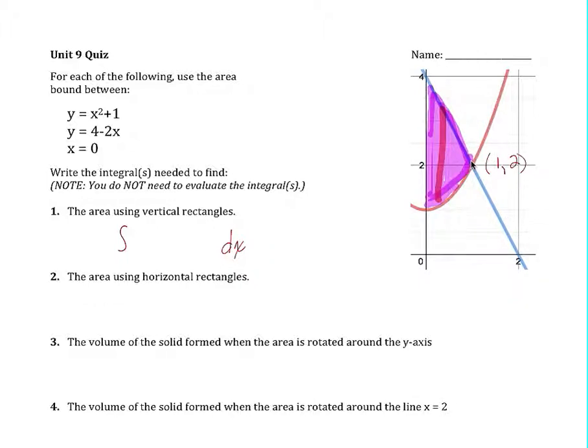So the integral we're looking for is going to go from 0 out to 1, and then the height of each one of these rectangles is defined as the distance from the top function minus the distance at the bottom function. So this should be 4 minus 2x minus the bottom function, which is x squared plus 1.